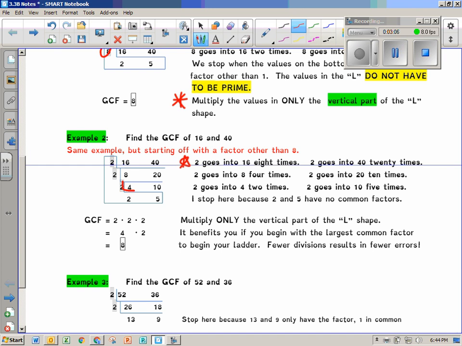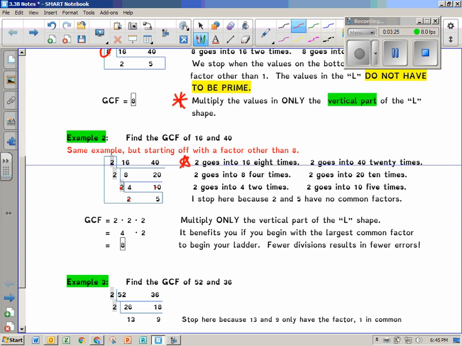I divide 2 into 8 goes 4 times, 2 into 20 goes 10. 2 one more time, 2 goes into 4 twice, 2 goes into 10 5 times.